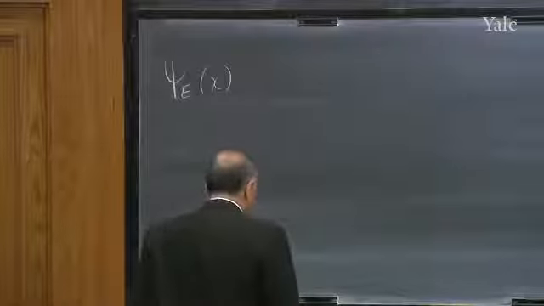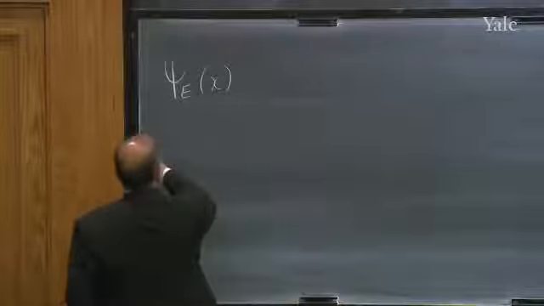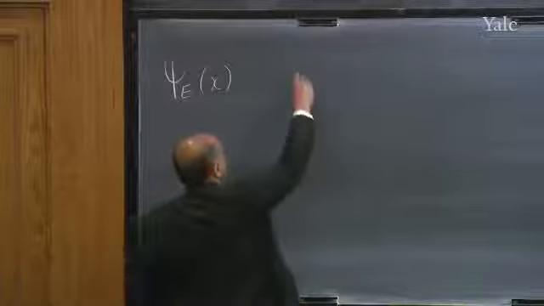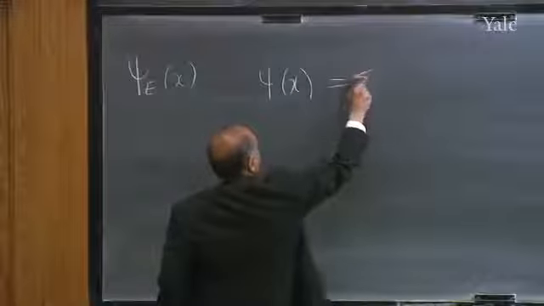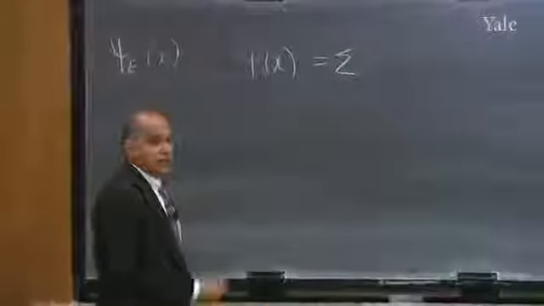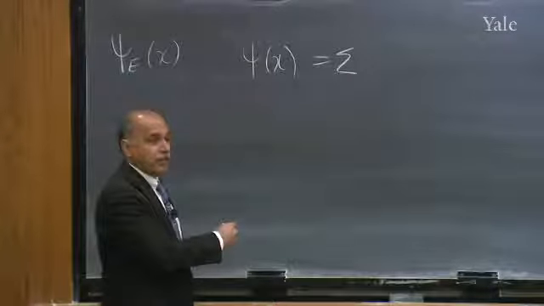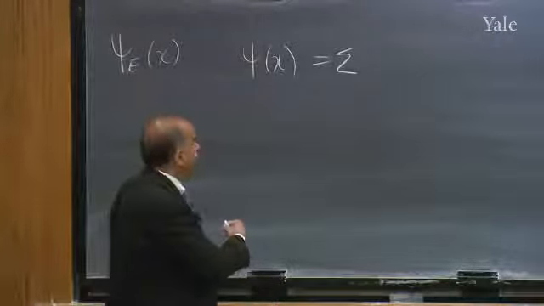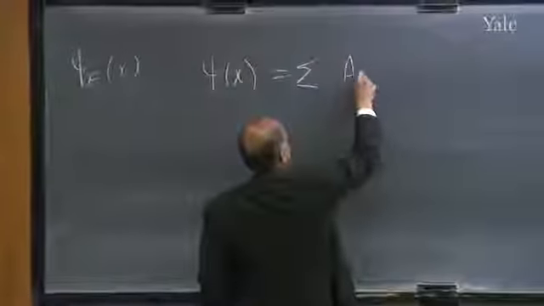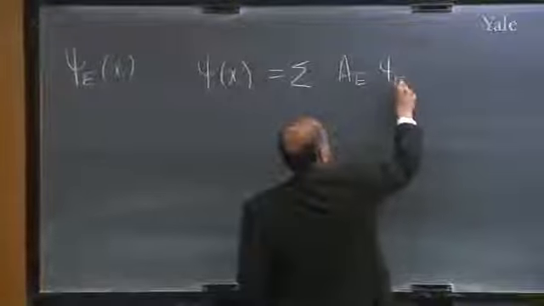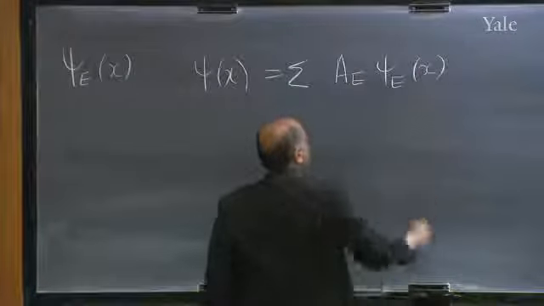Now, not worrying for a moment on how you get them, the recipe for what happens when you measure energy is that if you're given some arbitrary function psi, that's the state the particle is in, and you're asking, what happens if I measure energy? What will I get? The instruction is to write that function as a sum over these functions, each associated with a definite energy.